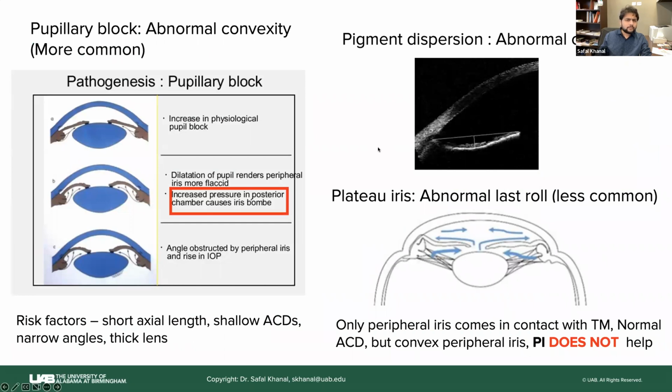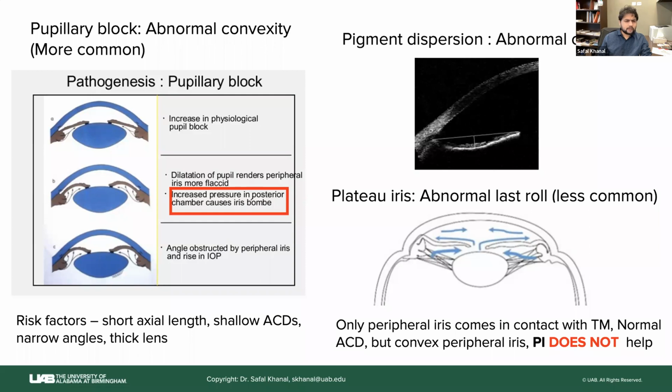So a condition called pupillary block is associated with abnormal convexity of the iris, in which the dilation of the pupil causes the iris to be more flaccid. So there's your aqueous humor accumulating in the posterior chamber, which pushes the iris forward, causing iris bombé.